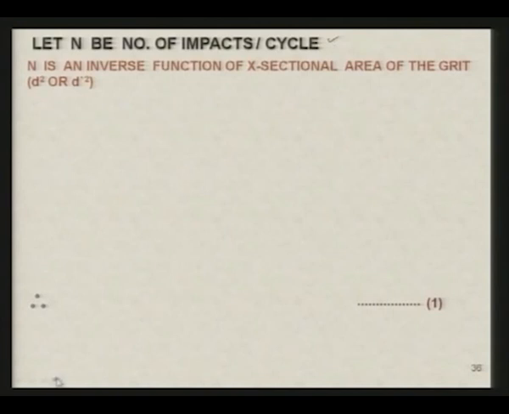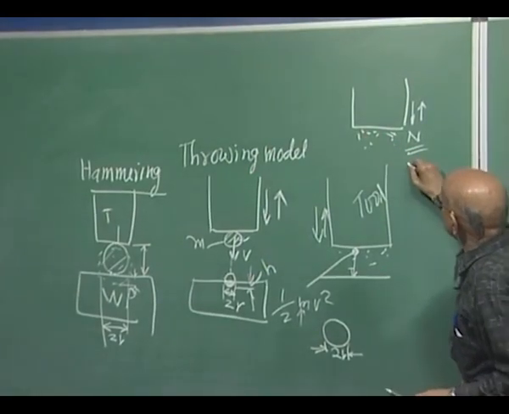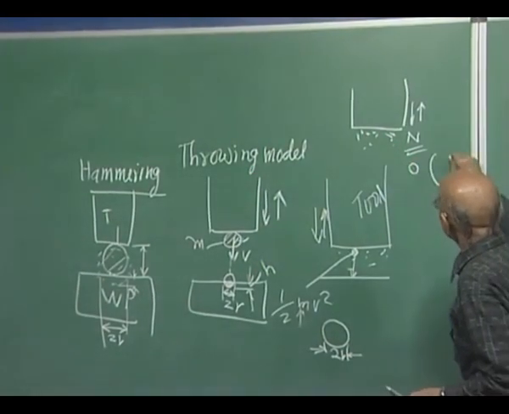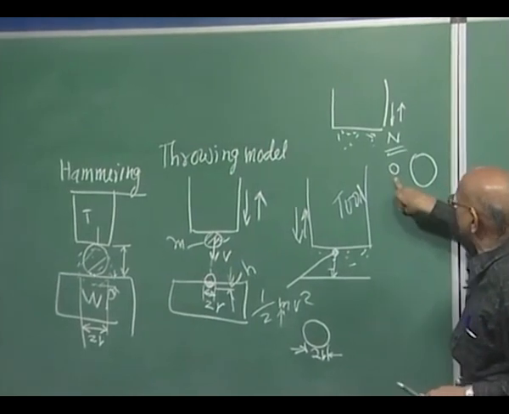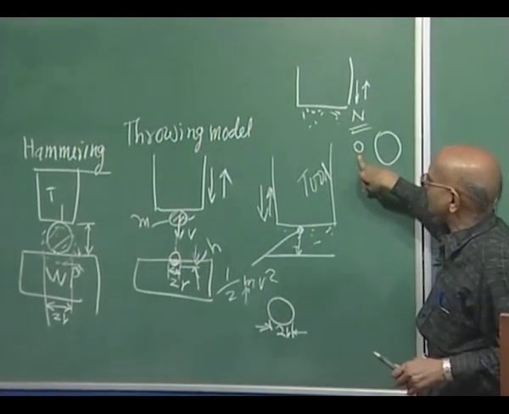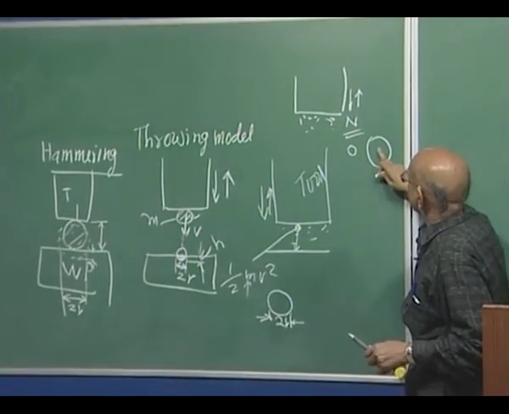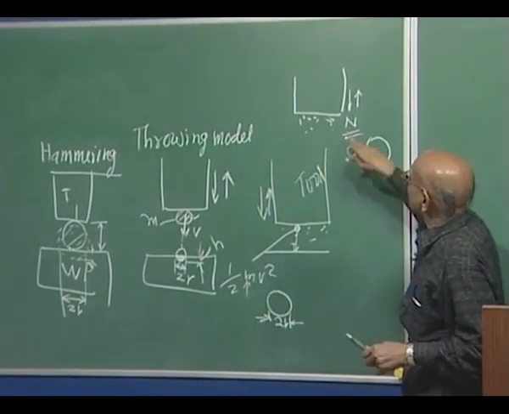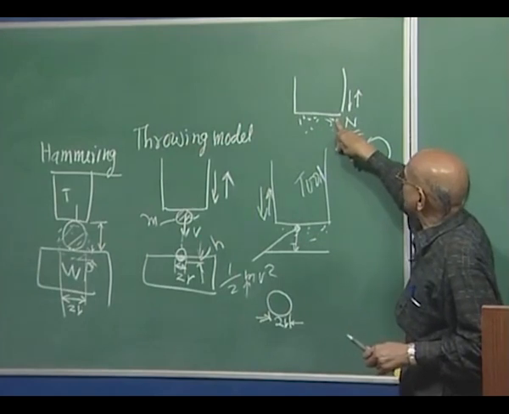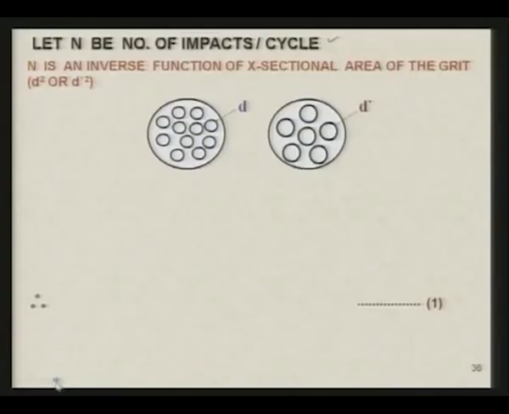Now, the question arises, how many abrasive particles are going to hit, because there will be thousands of abrasive particles in the slurry. This will depend upon the size of the abrasive particle. If the size of the abrasive particle is small, then a larger number of abrasive particles will be under the tool and they will be hitting the workpiece. If the size of the abrasive particle is large, then a lesser number of abrasive particles will be under the tool, and then a lesser number will be hitting the workpiece.